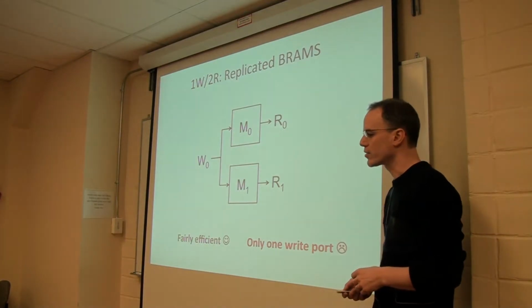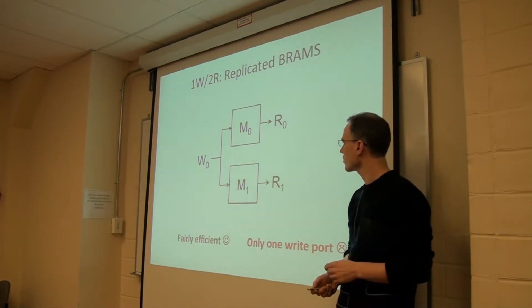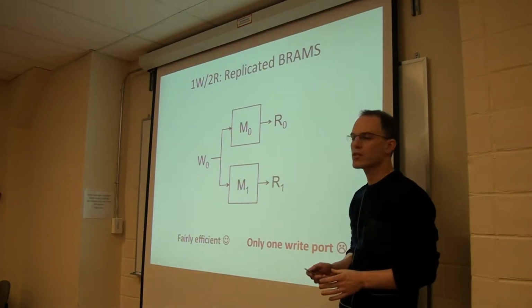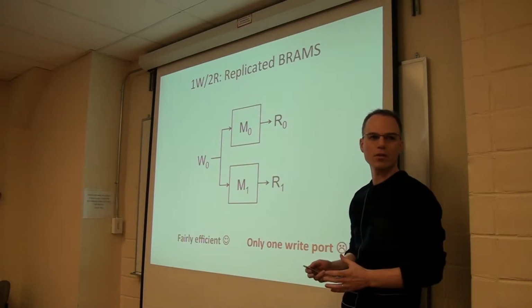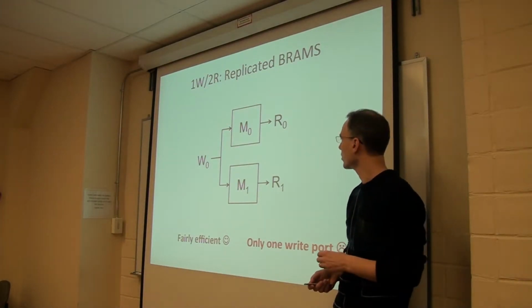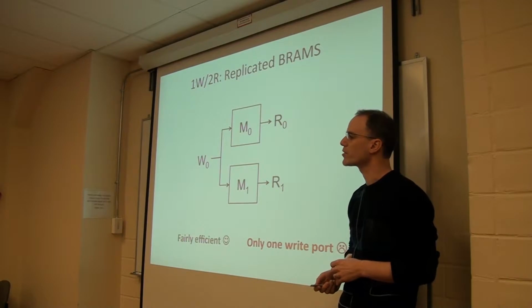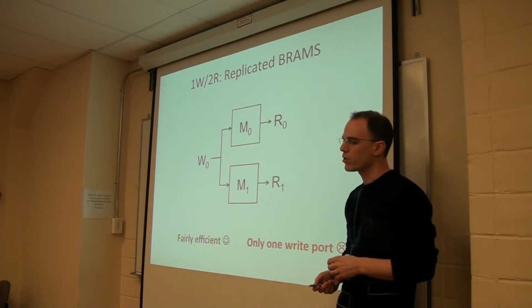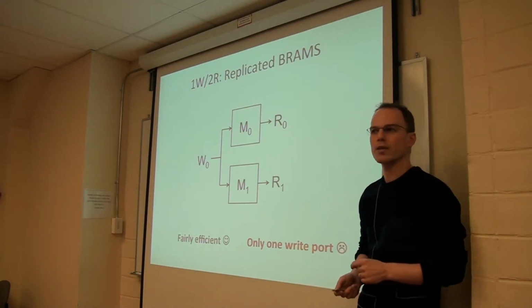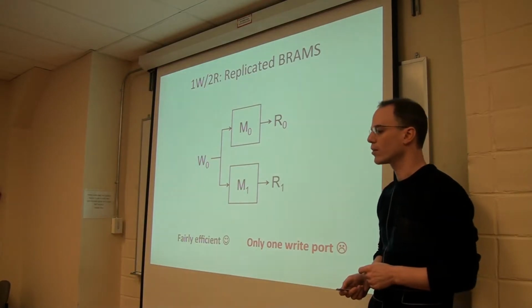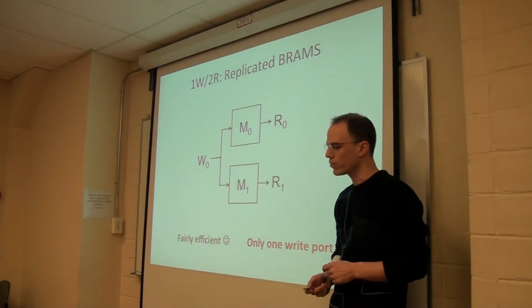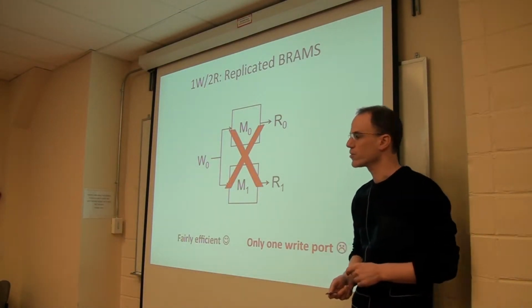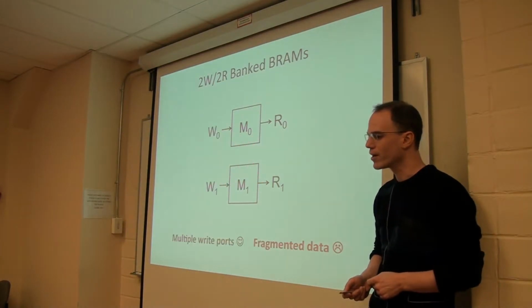Another possibility is through replication. So this shows 2 replicated block RAMs. Each would have a complete copy of the storage. So a write would be broadcast to all of these memories. And this is a good way to support any number of read ports, but this trick only works for a single write port. So while it works fairly well, it's not a real solution for what we're looking for.